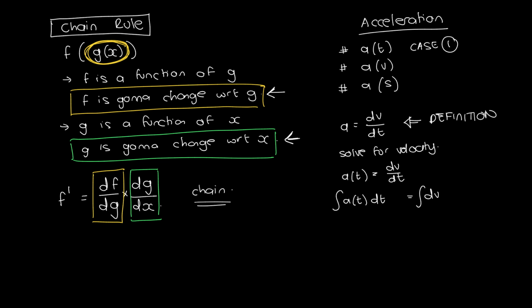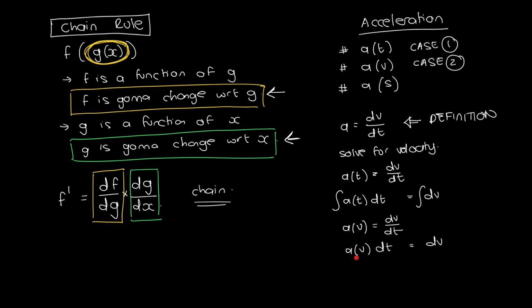But case two is also kind of straightforward. If we are trying to solve for velocity with respect to time, in case two we're going to have a(v) equal to dv dt. The first thing you do is bring the dt across and you have the dv there, but you can't stop there because you have v sitting here.